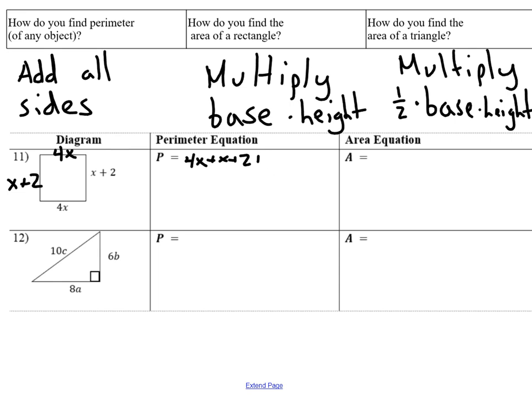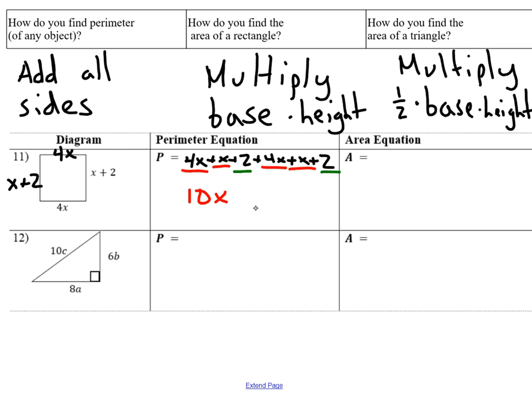Now, what I'm going to do next is I'm going to count how many x's that I have. I have 4 x's here, I have an x here. I have 4 x's here, and I have an x here. All together, that's going to be 10 x's. And then I have a plus 2 and a plus 2, so that's going to be plus 4. So that's going to be the perimeter of that rectangle.